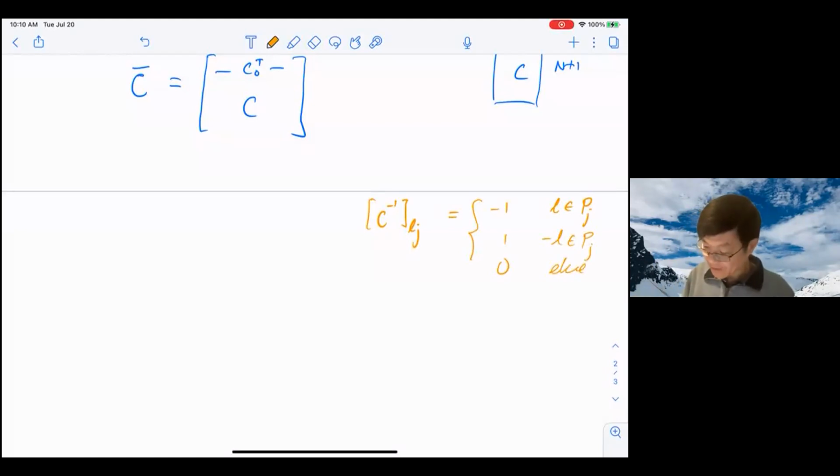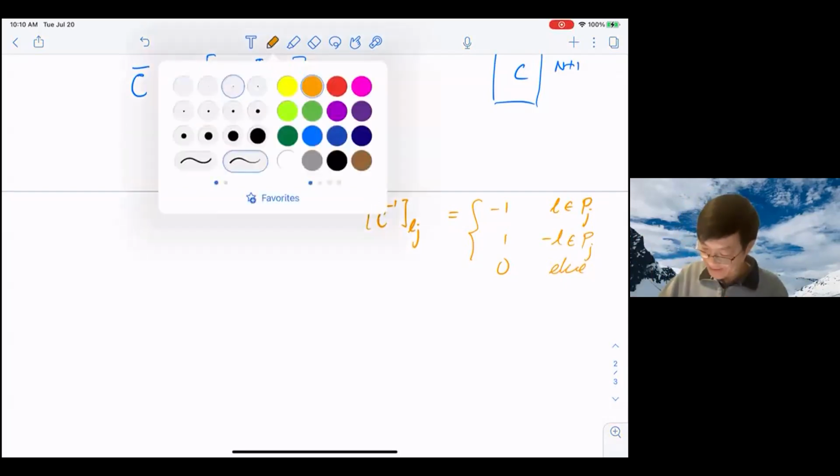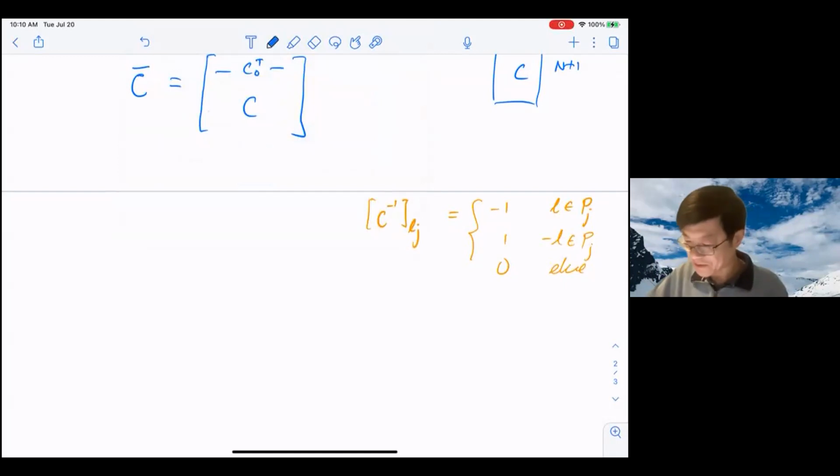But in any case, it's not important as long as we know that it's invertible; it doesn't matter for our purpose that it has this nice simple structure.